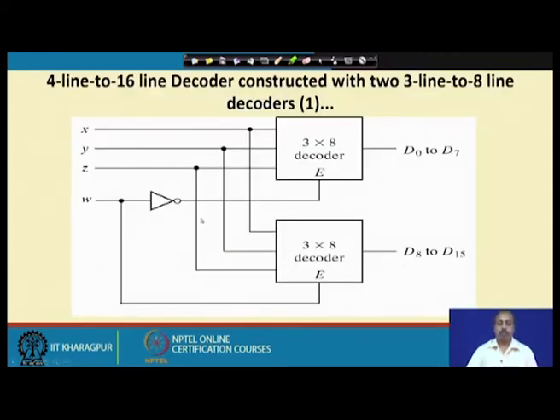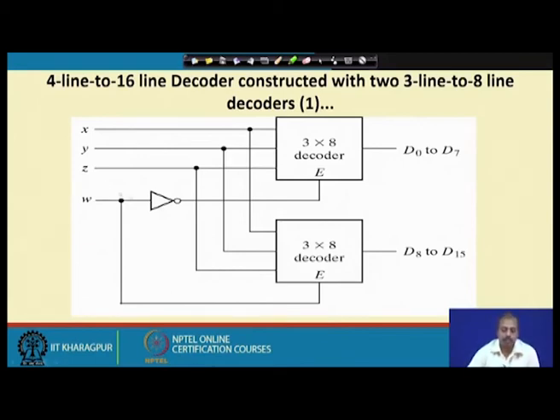A simpler example: how to construct a 4 line to 16 line decoder using two 3 line to 8 line decoders. We assume that each of these decoders has one enable line, and for the decoder to operate this enable line should be equal to 1.